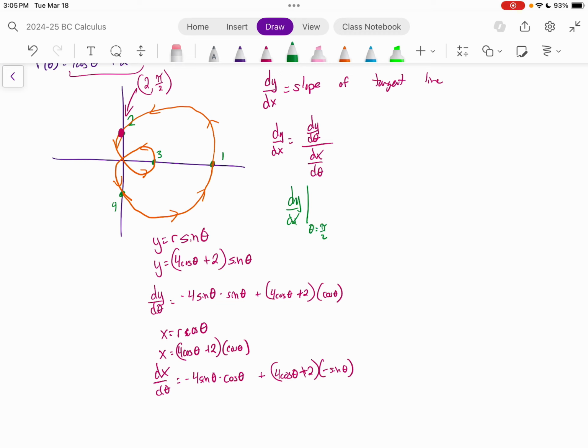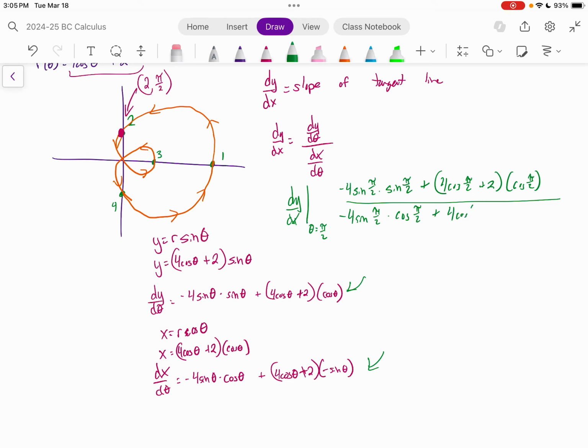This thing would be these massive fractions. So it would be negative 4 sine(pi/2) times sine(pi/2) plus (4 cosine(pi/2) plus 2) times cosine(pi/2), all over, that's this guy right here, all over this guy down here: negative 4 sine(pi/2) times cosine(pi/2) plus (4 cosine(pi/2) plus 2) times negative sine(pi/2).